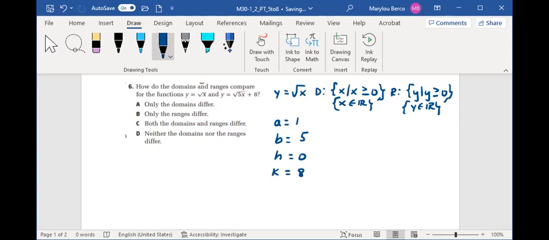So the graph of y equals root x is horizontally stretched by a factor of 0.2 and 8 units up.